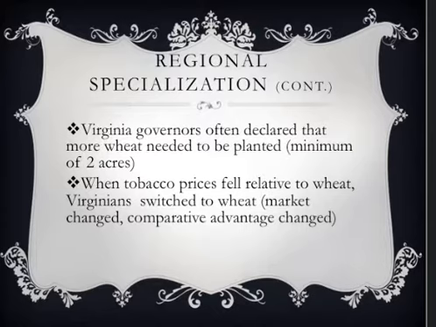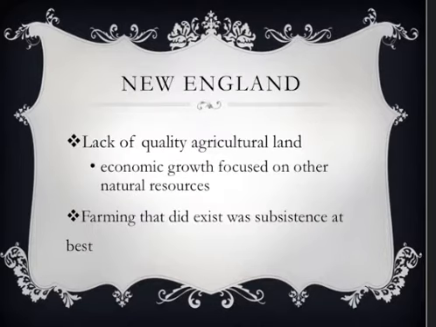So you can see that their advantage changed over time. As the price of tobacco fell, they realized that a greater revenue source was available, and that the opportunity cost of producing tobacco, as the price was falling, meant there was even less and less value in the wheat they were producing. So let's take a look at some of the other regions.